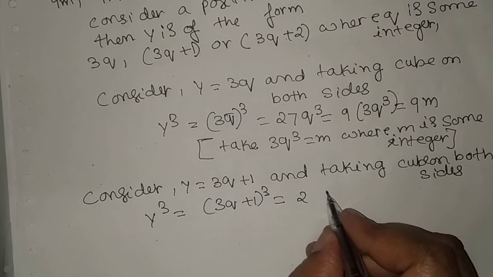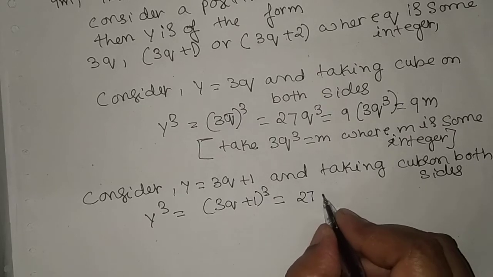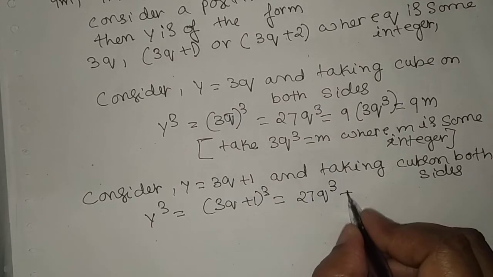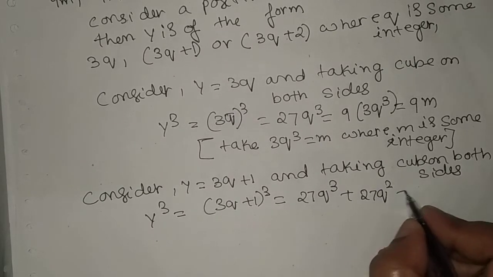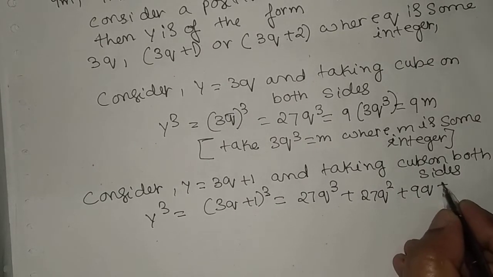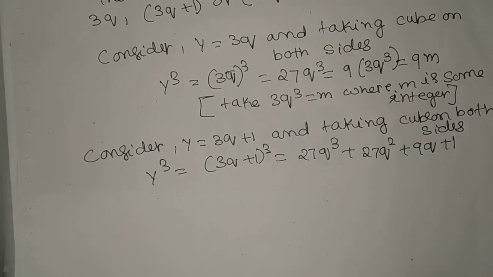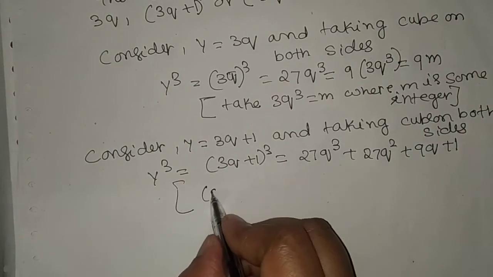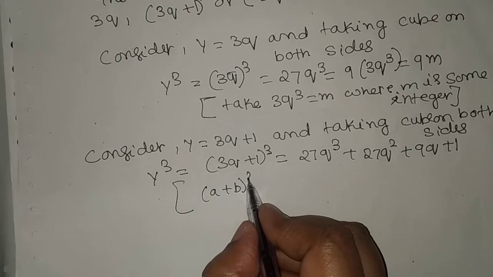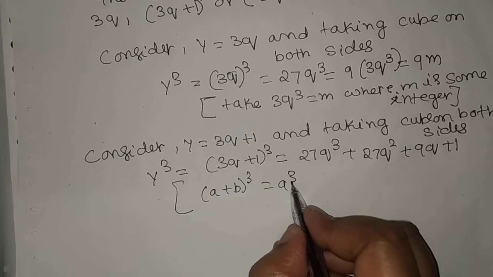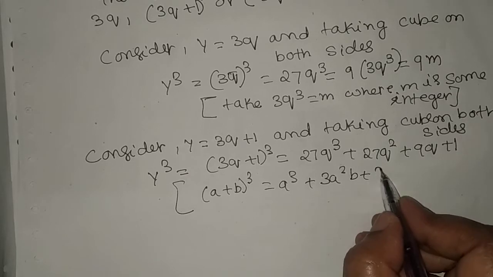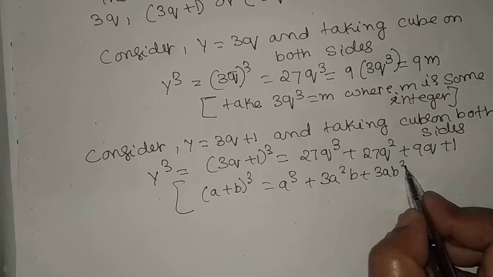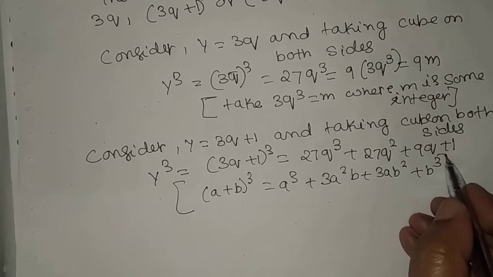Expand this, that is a plus b whole cube: 27q cube plus 27q square plus 9q plus 1. So this is of the form a plus b whole cube. I'll write the expansion, that is a cube plus 3a square b plus 3ab square plus b cube.